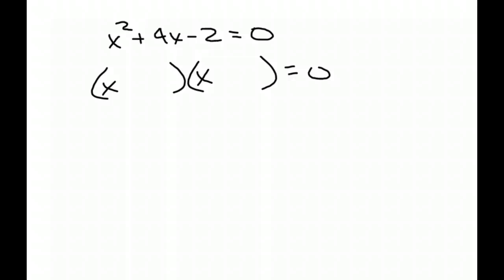So x squared plus 4x minus 2 equals 0. What numbers can I multiply together to give me -2, and add to give me a positive 4? There are none, Adam says. Riley says there's 0 of them.